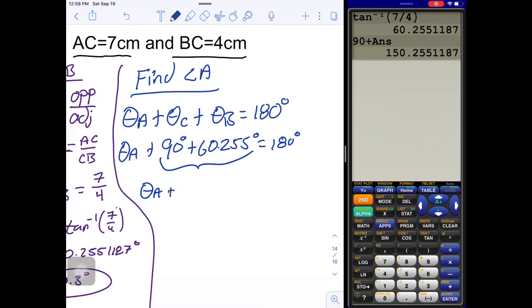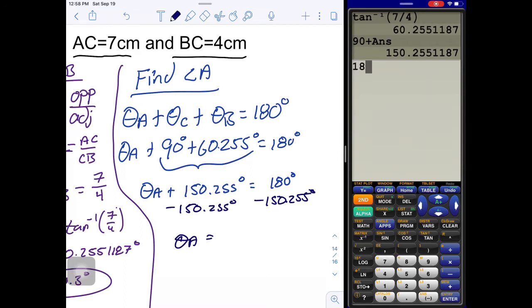So that gives me 150, or sorry, angle A plus 150.255 degrees equals 180 degrees. And now we are going to subtract 150.255 degrees from both sides. And that's going to give me, well, again, I don't want to use a rounded number. I want to use this whole number.